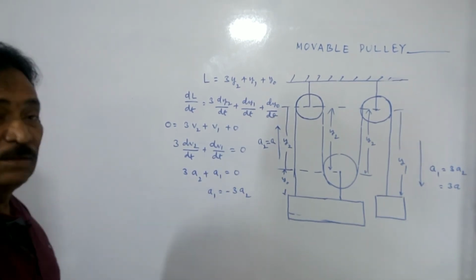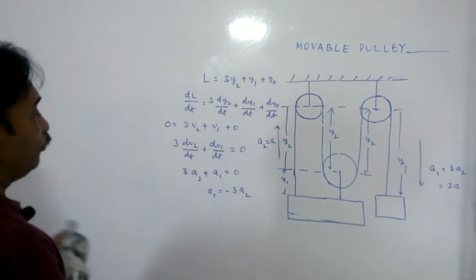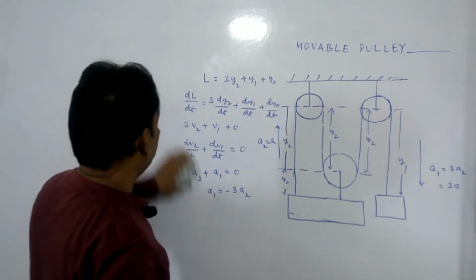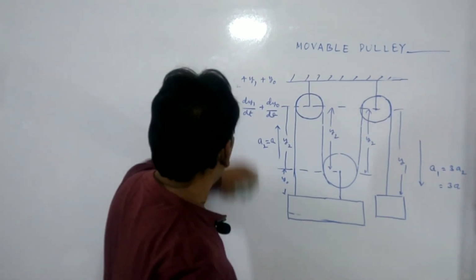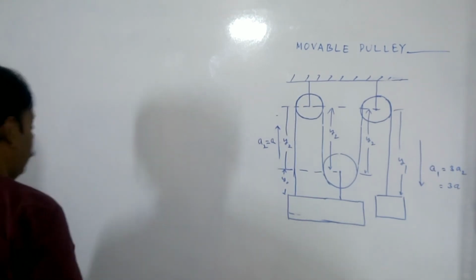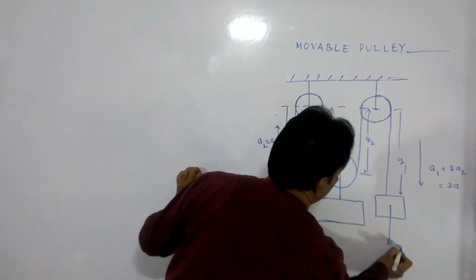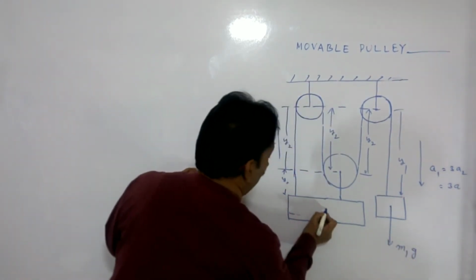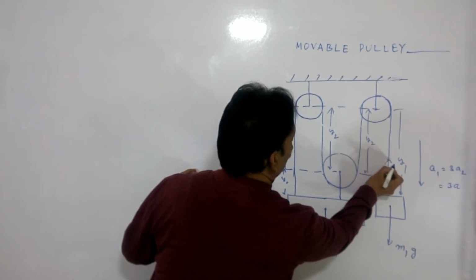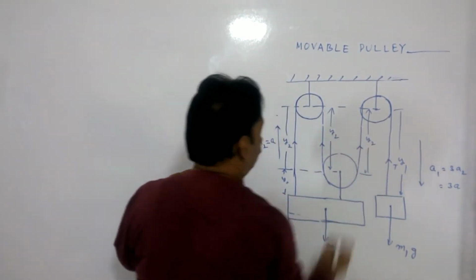We got the acceleration. Then we have to find out the tension as well as the acceleration of the system. Okay, students. Now we are using the free body diagrams. Let's see. For this, say it is M1 and it is M2, G, tension, tension, tension and tension.